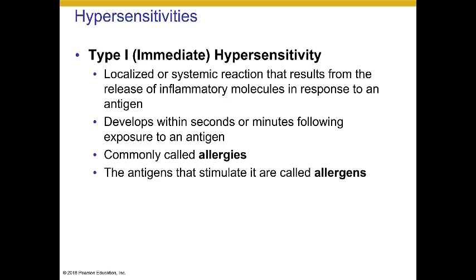So if you have allergies, or if you know people who do have allergies, those would be things like pollen, pet dander, other types of environmental allergens, food allergens, things like that. And these are called immediate hypersensitivities because the reaction is pretty quick upon exposure to those antigens or allergens, so within seconds or minutes.